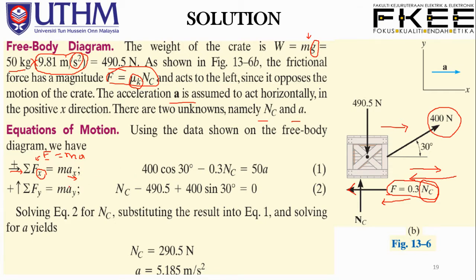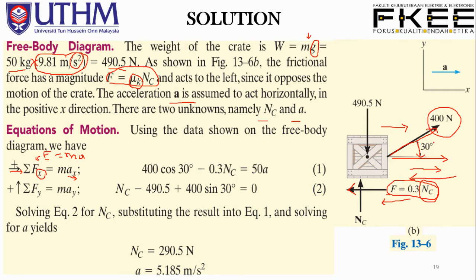So the total of F over here is 400 cos 30 degrees. We have the 400 Newton applied force on the crate, and we have 30 degrees from this arrow to the straight horizontal position.